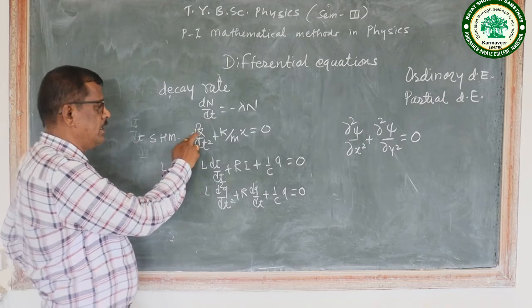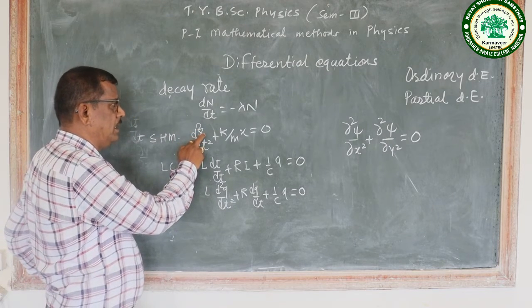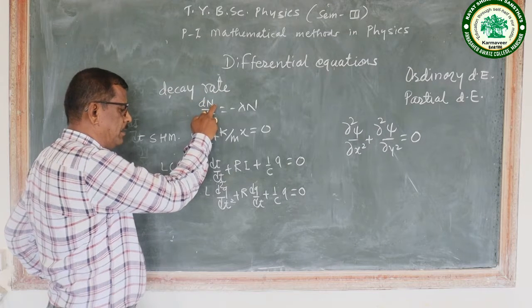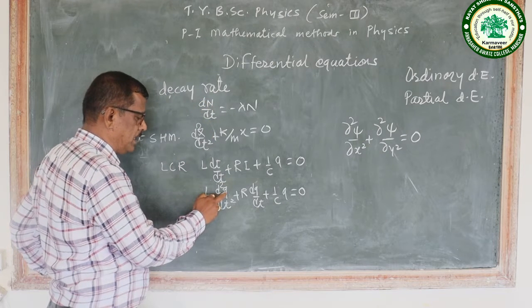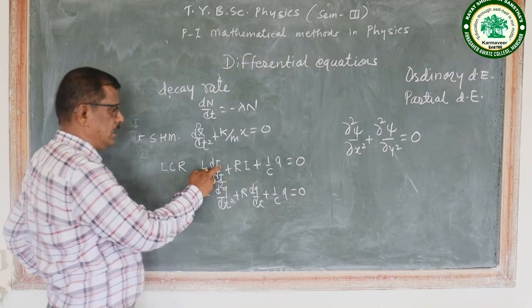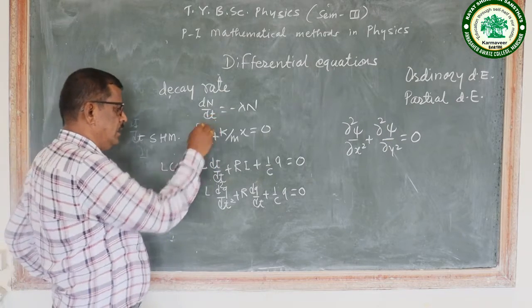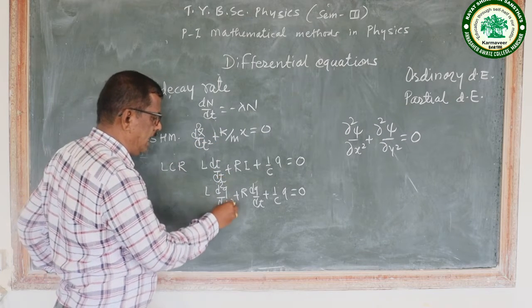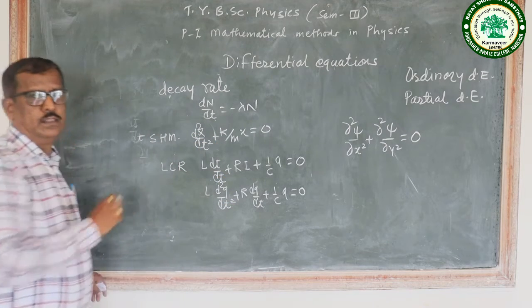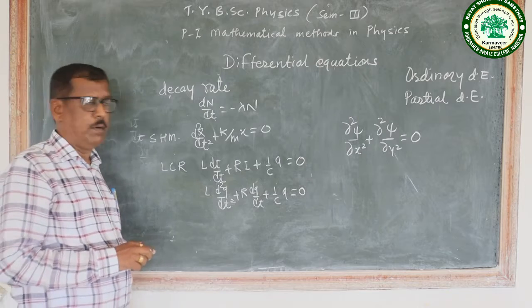Means in these equations x is the dependent variable, n is the dependent variable, here q is the dependent variable and i is the dependent variable. And here t and t and t, these are the independent variables.